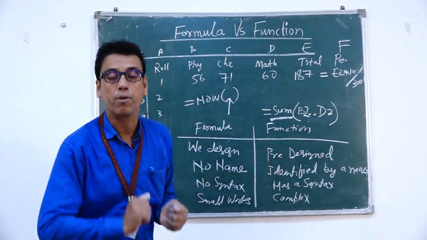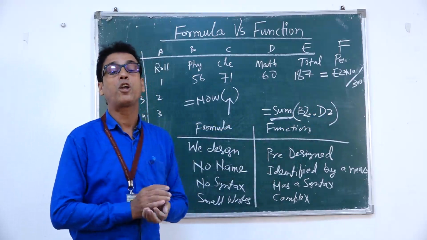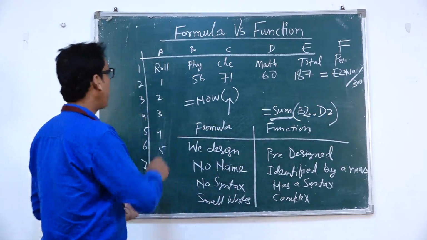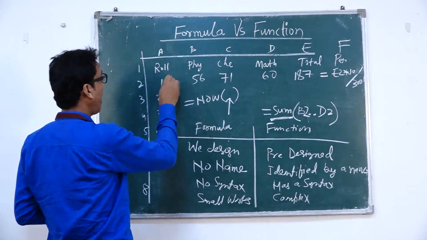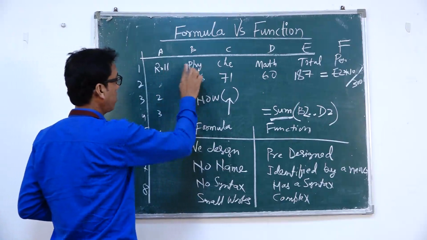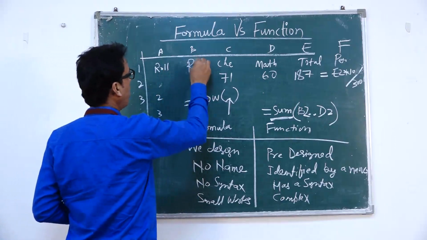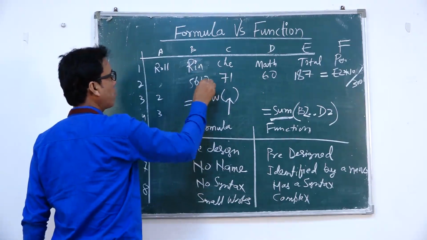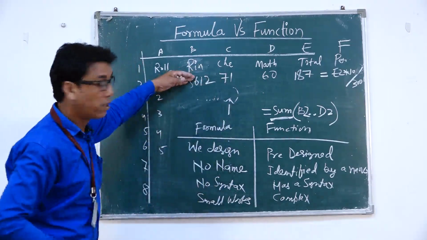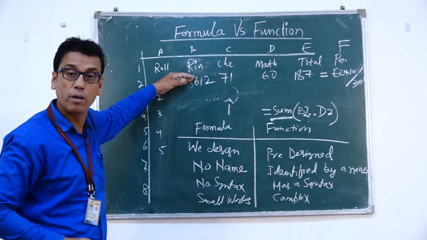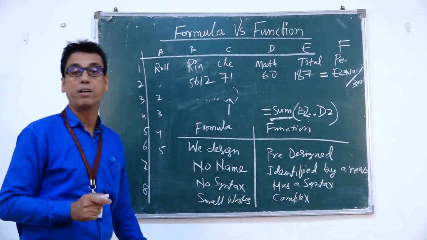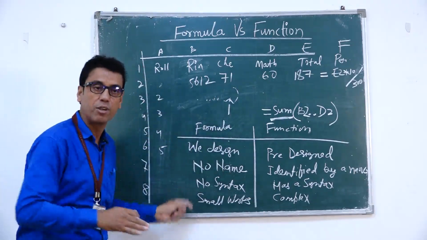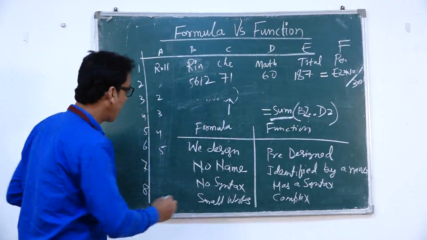Take another example. Suppose we are talking about the sales data of Hindustan Lever Limited, where the product name is, suppose, Rin, and here we have sales figures 5, 6, 1, 2, and we have the sales figures of all cities of India, suppose in thousands. And here you want to get the total.